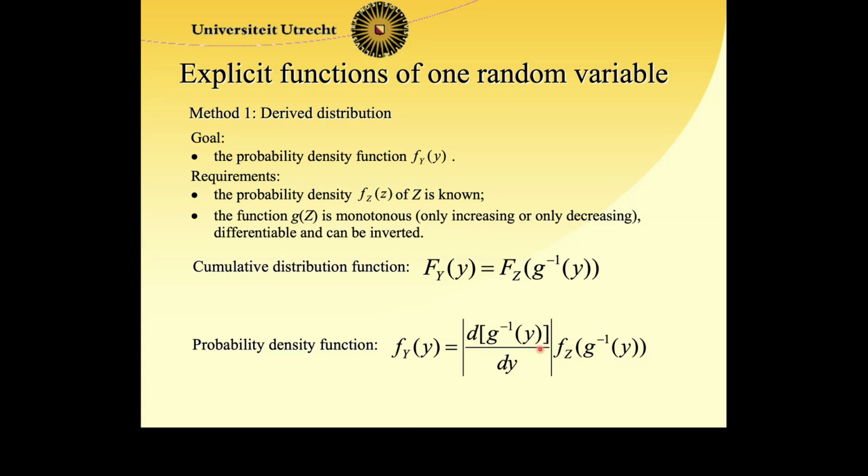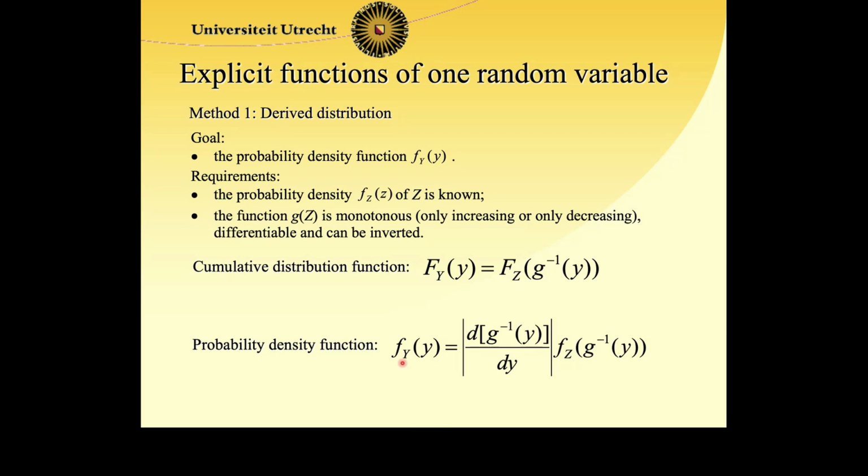Well, this makes sure that if we integrate this resulting thing, you end up with a number that's equal to 1, because we have to make sure that the area underneath the probability density function is equal to 1. So this is a scaling factor that makes sure that also the probability density function of y is such that its area underneath it is equal to 1.